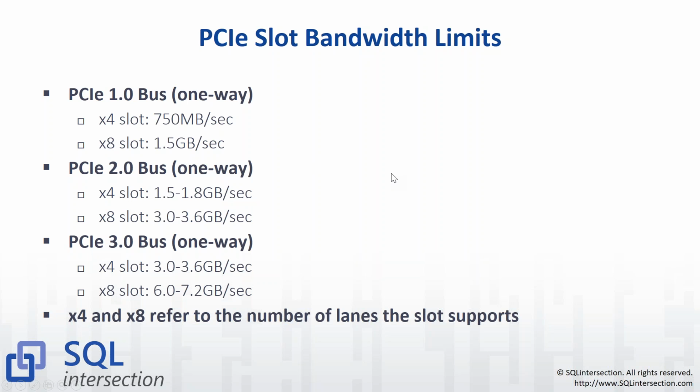So a worst case scenario with a server that's 4 or 5, 6 years old perhaps, you could be on PCIe 1.0 and an X4 slot, so the entire slot can only do 750 megabytes per second. And some modern flash drives can do more than that. So if you had a whole bunch of drives in a RAID array, then that PCIe slot is a major, major bottleneck for you. And where you want to be is down here.